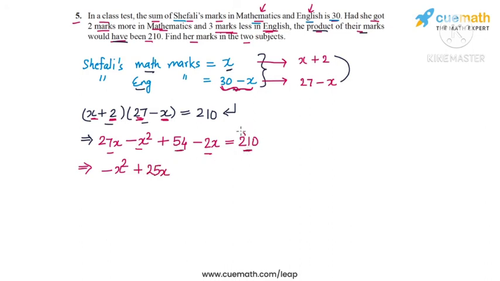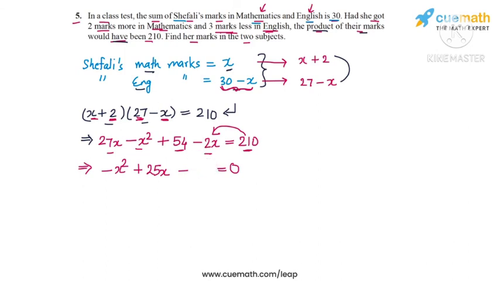So let's bring this 210 on the left hand side. So we get 54 minus 210, so that's minus 164. Oh, actually not minus 164, this will be minus 156.